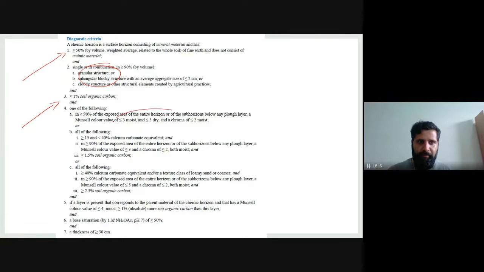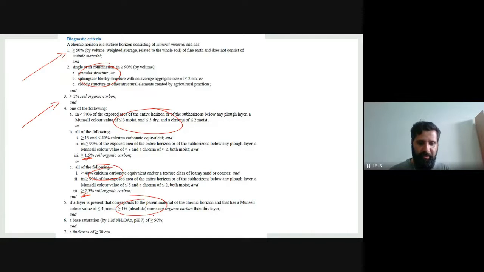We also demand, like the Mollic horizon, dark colors, and the organic carbon varies according to the content of calcium carbonate. We also demand a higher content of organic carbon in the soil comparing to the parent material.